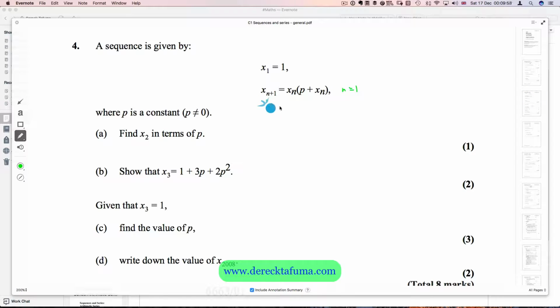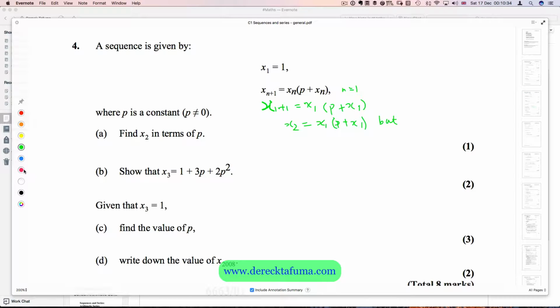So x sub 1 plus 1 equals x sub 1 p plus x sub 1. Therefore x2 is equal to x1 brackets p plus x1.